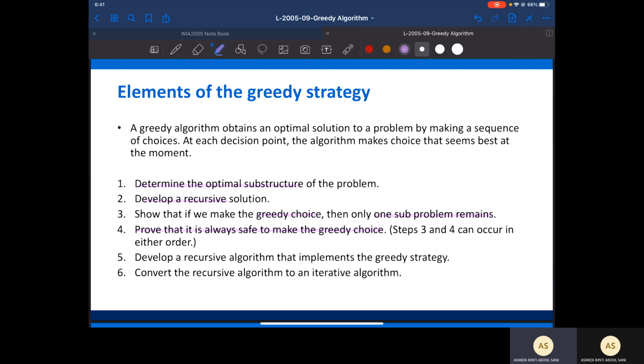Okay, and then in step five, you develop a recursive algorithm that implements the greedy strategy, and finally you convert the recursive algorithm to an iterative algorithm.